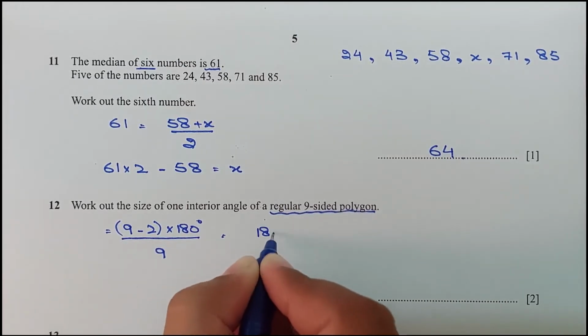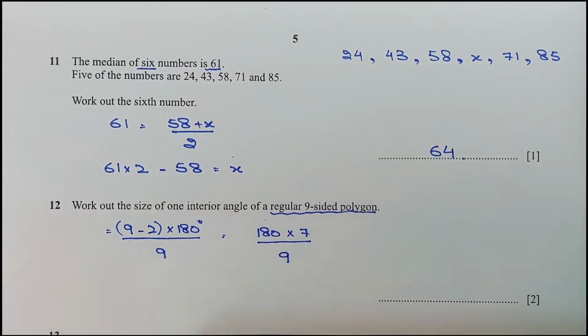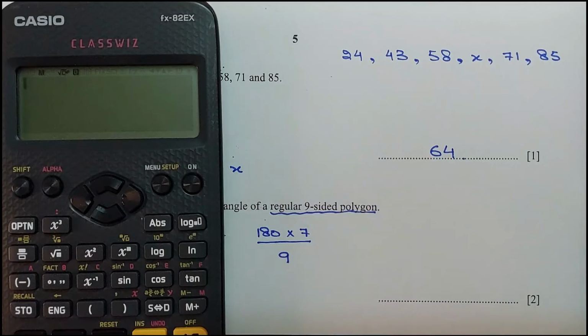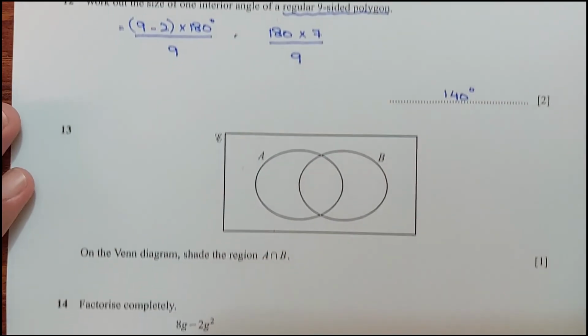So this is 180 times 7 divided by 9. All right, let me calculate 180 times 7 divided by 9.